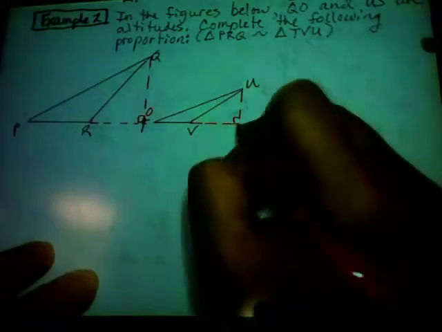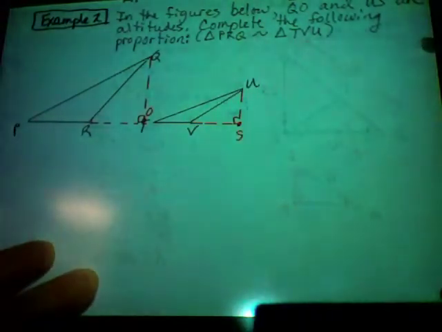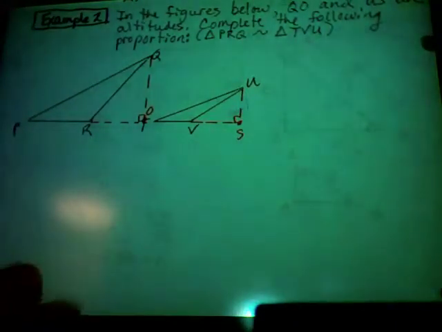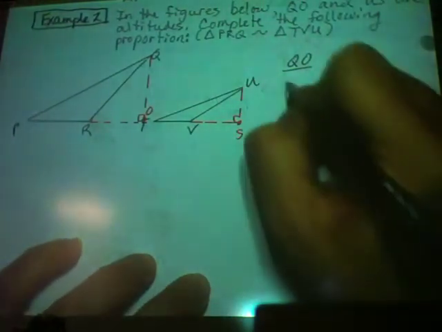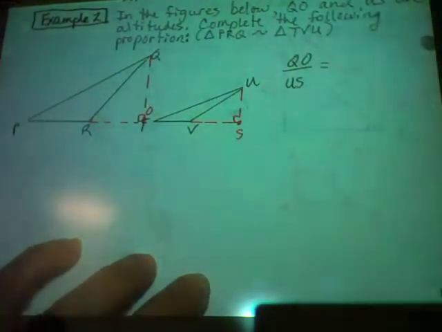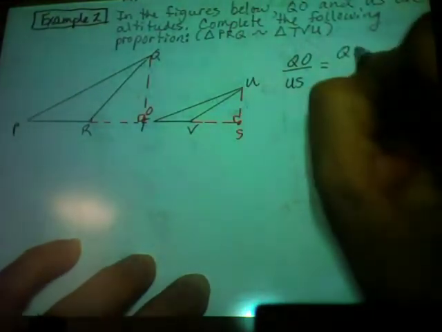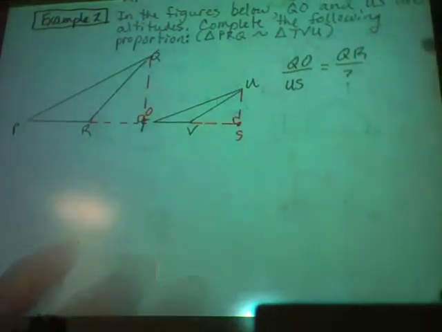And then this point here on the smaller triangle is S. And you are to finish the following proportion. The distance from Q to O is to the distance from U to S, as the distance from Q to R is to, and then there's a question mark.